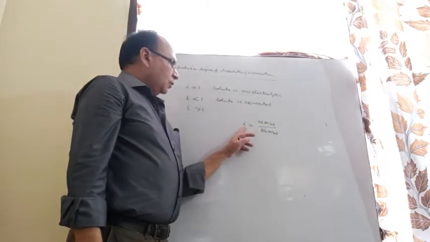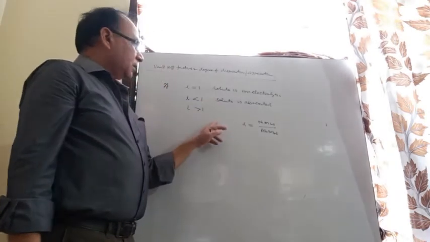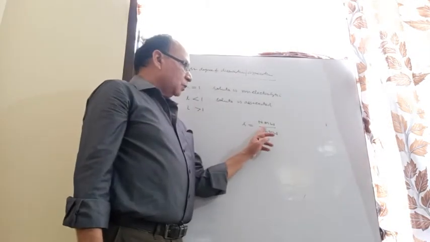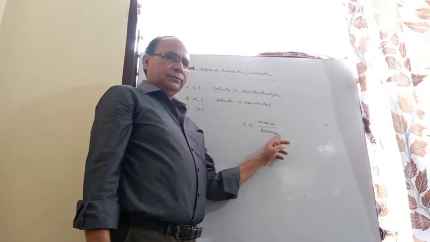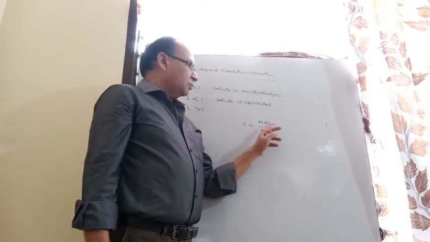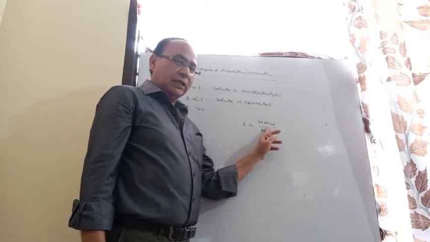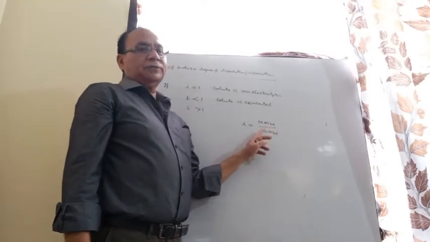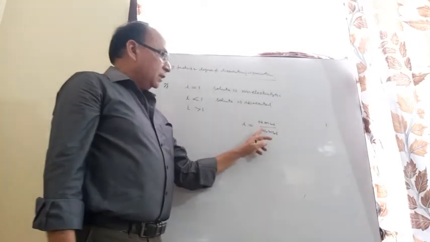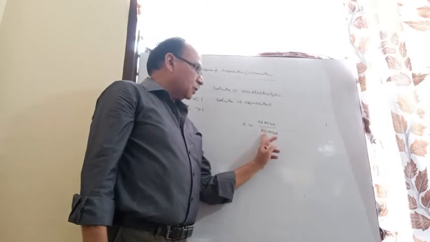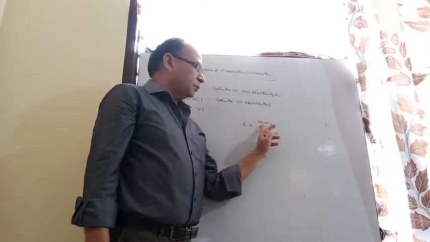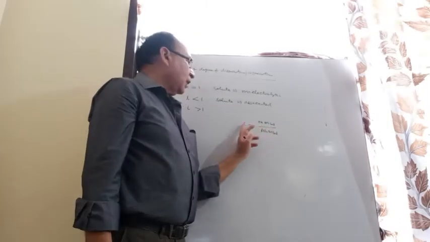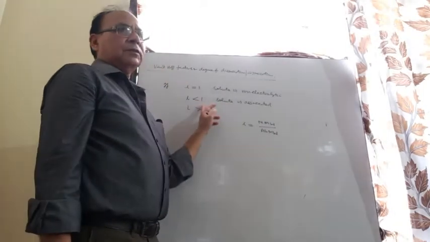So i will be less than 1 when the abnormal molecular mass is higher. Abnormal molecular mass increases when the molecules are associating. So if there is association, the abnormal molecular mass will be higher than the normal molecular mass. That's why the value of i will be less than 1.